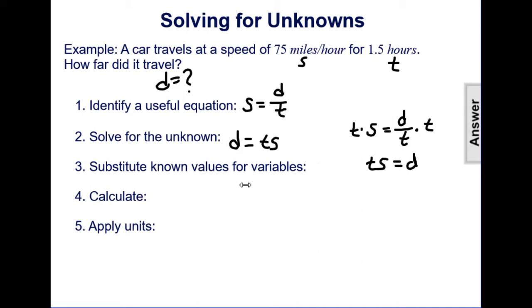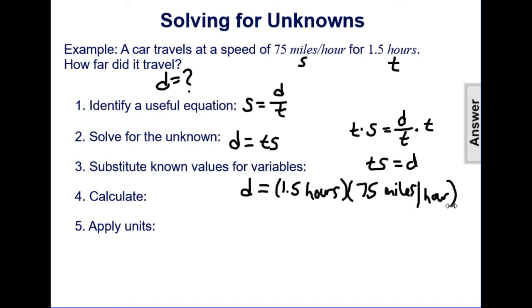We now substitute for the known variables, so distance is going to equal the time, 1.5 hours, times the speed, 75 miles per hour. Calculating, we need to multiply 1.5 times 75, which will give us a distance of 112.5, and our hours are going to cancel out, so our unit will be miles.